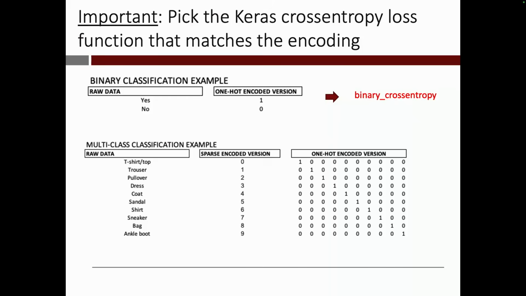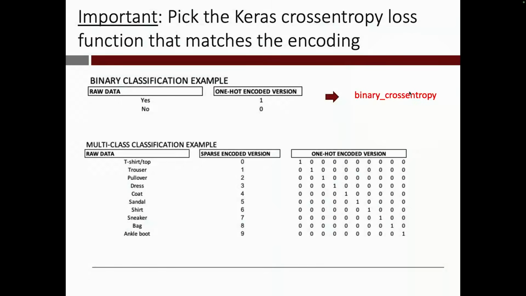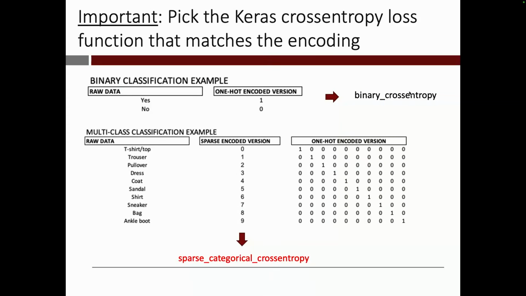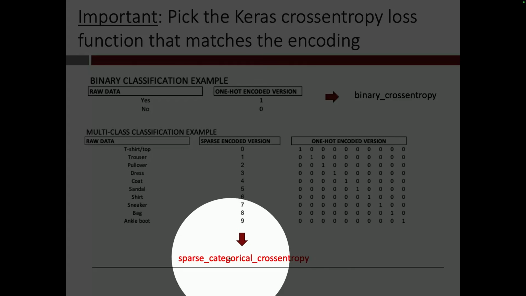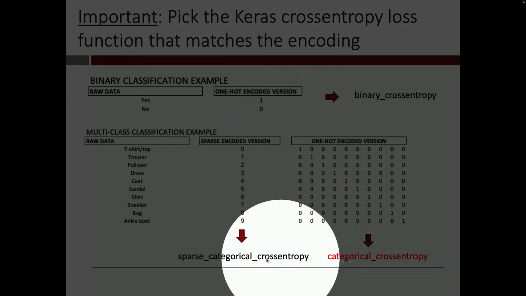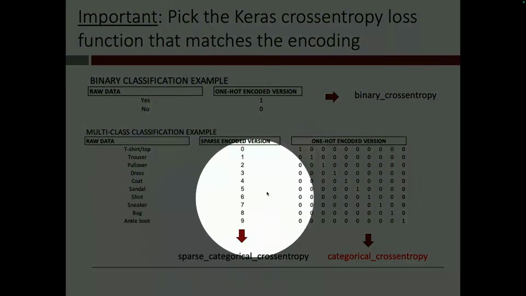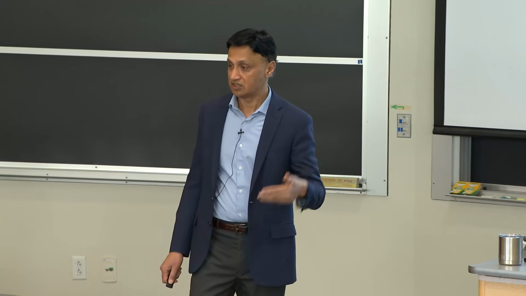So if data comes like a 1 and 0 thing, which is exactly what we had in the heart disease example, we use binary cross entropy. If your data comes in this form, where it's sparse encoded, you use sparse categorical cross entropy. And if it comes in this form, you use categorical cross entropy. Right? These are all equivalent things. It just depends on how the data happens to be encoded by the people who sent it to you.